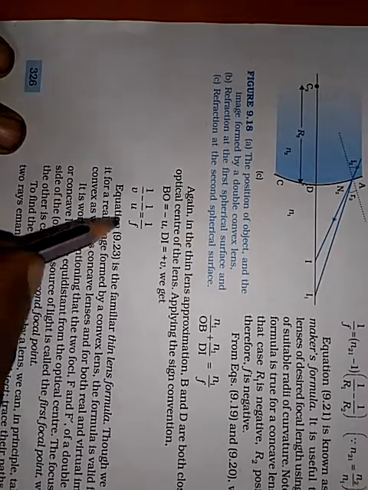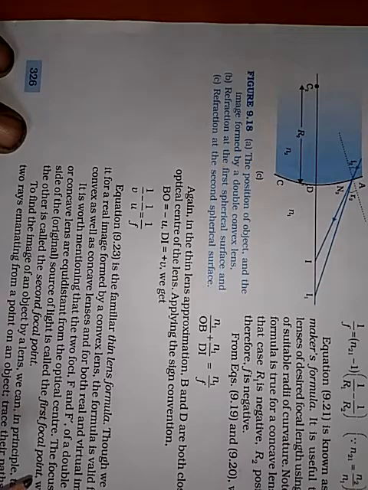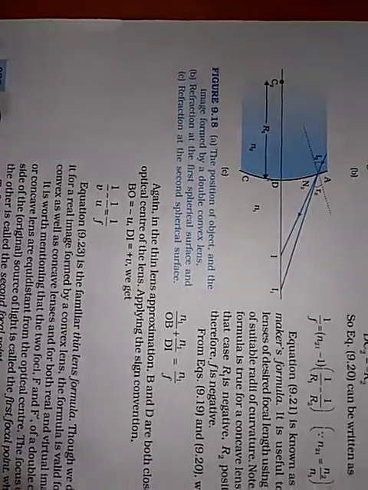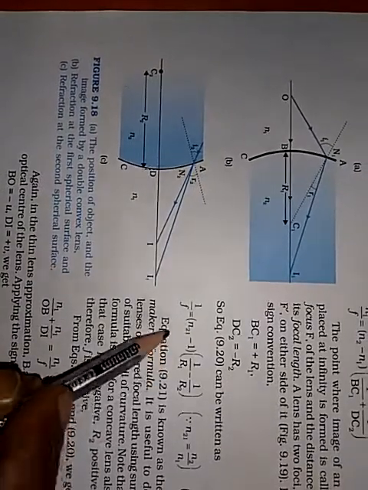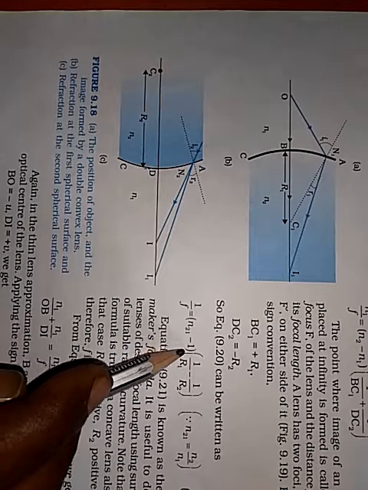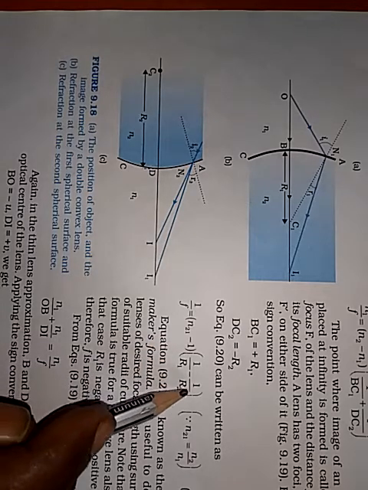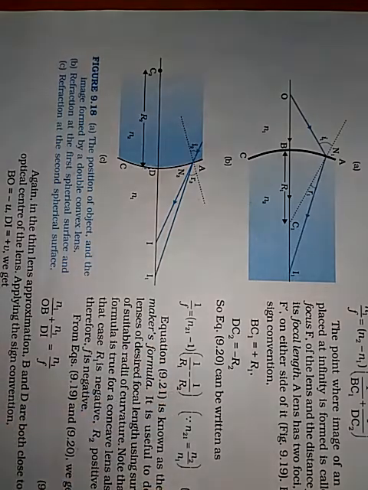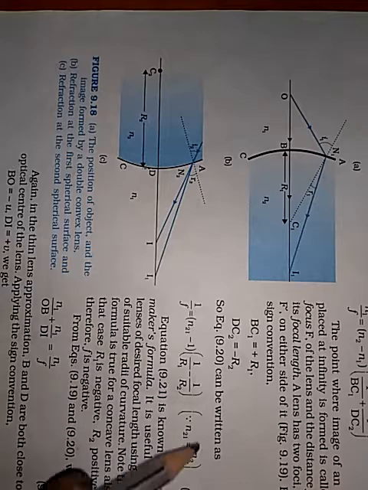This is a familiar equation which we derived already, which is called the thin lens formula. And this equation is the general Lensmaker's formula, which is 1 by F is equal to n21 minus 1 into 1 by R1 minus 1 by R2. If we know the refractive indices of the two media, N2 and N1, and the radii of curvature of the two spherical surfaces, then we can always find out the focal length.